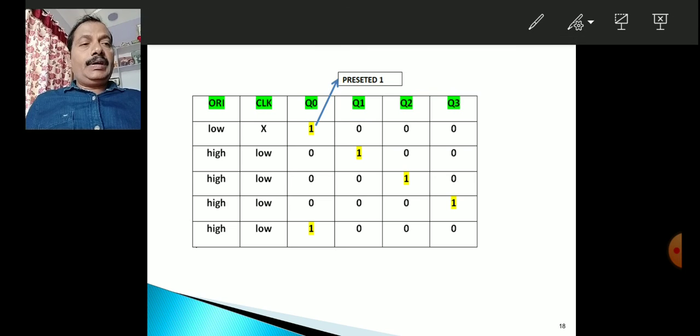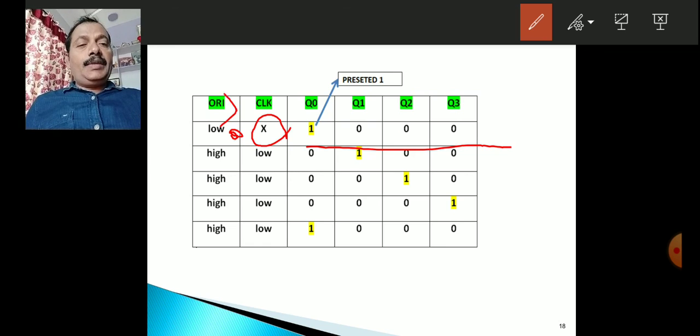Now if you observe here, the override input is 0, hence whatever the clock event, whether clock is 0 or 1, it is don't care. This is the initial setting 1 0 0 0. After that you have to make the override input 1. That is, the override input is disabled. Hence for every clock negative edge, what happens?